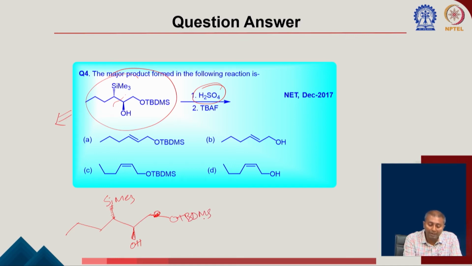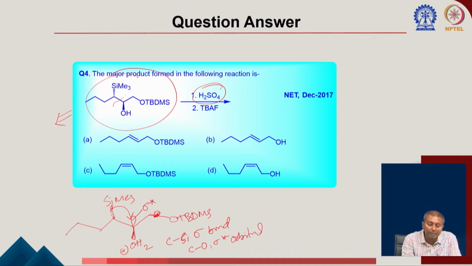Now you have H2SO4 that can protonate this, and you have a sigma bond between carbon and oxygen that will have a sigma star orbital here. So, this can get electron density from the carbon silicon sigma bond, electron density going to the carbon oxygen sigma star orbital.